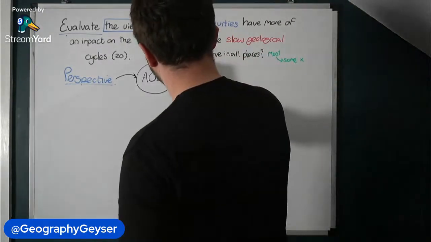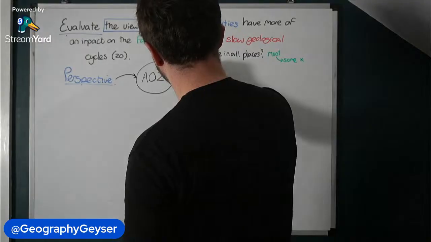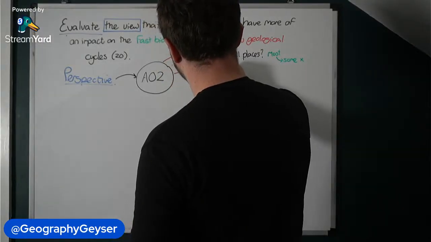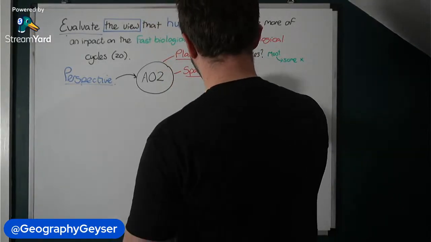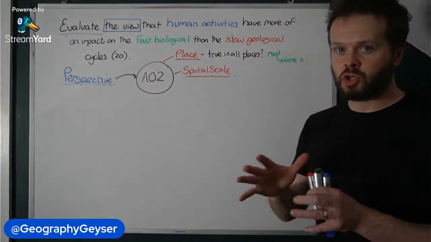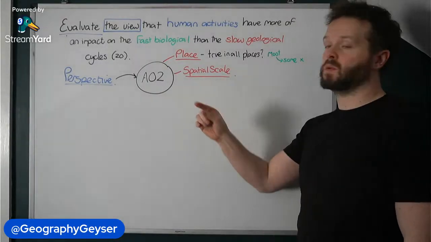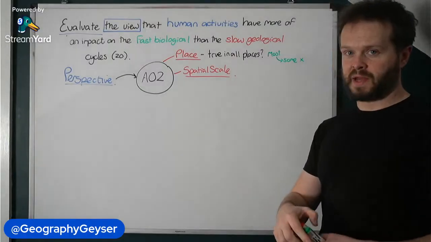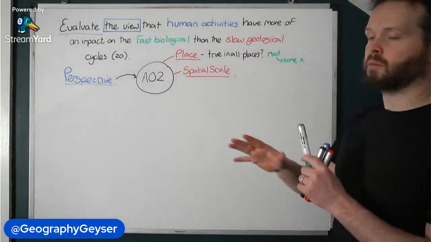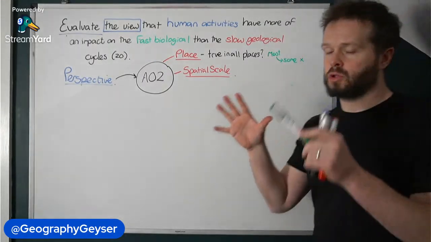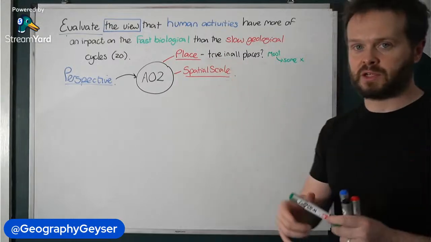The next one is spatial scale. So in geography, particularly physical geography, this is going to be one of your most useful perspectives. So you can look at an argument or you can look at a viewpoint from various different spatial scales.